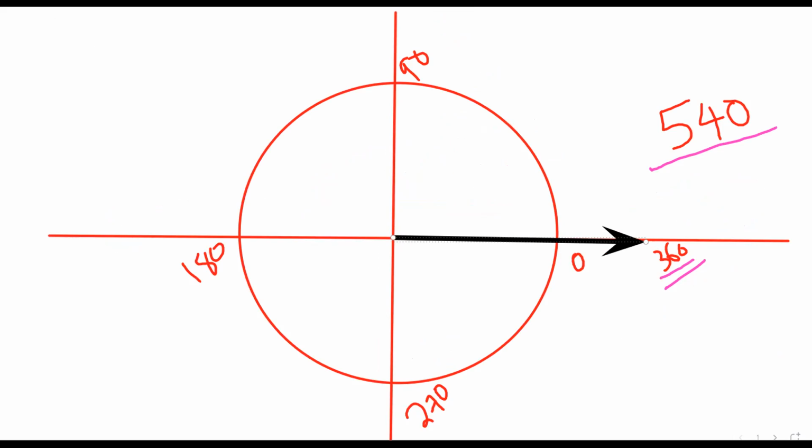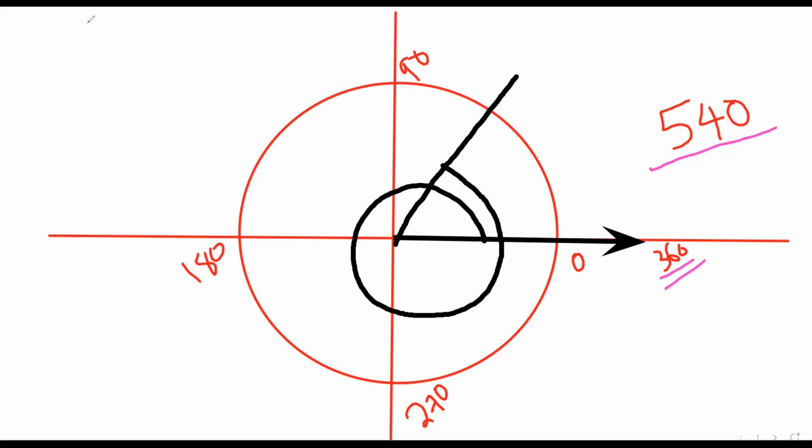So I will start moving from here up to here, which is 360, up to here, you get 420. That's one circle, and you continue one rotation plus 60 degrees. This is the meaning of 420.